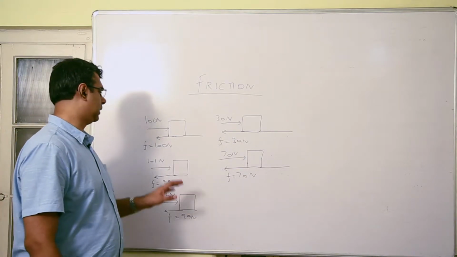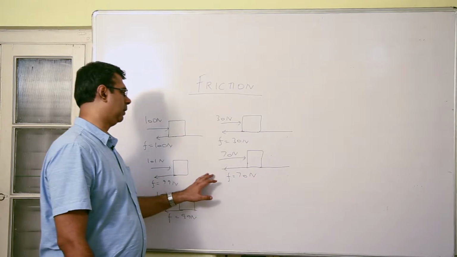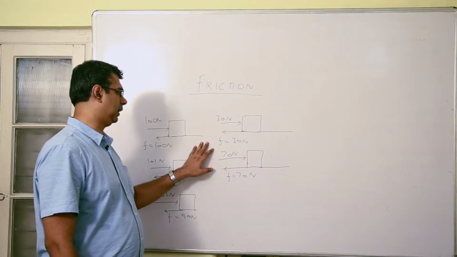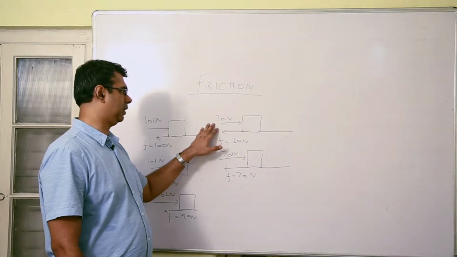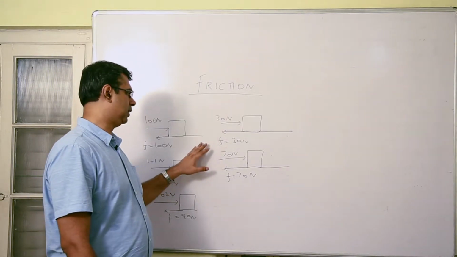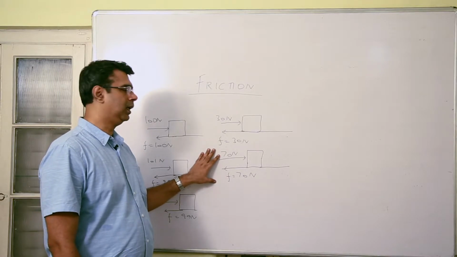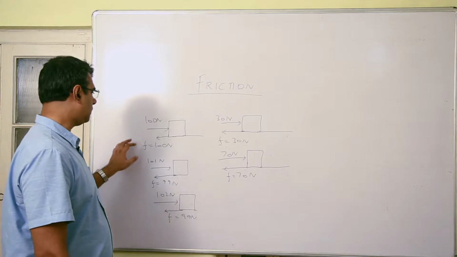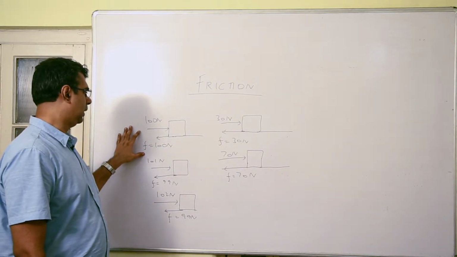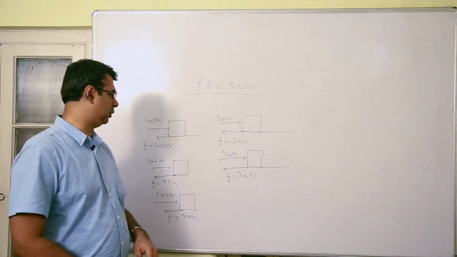Now, what are the things we learned from this experiment? First of all, we have learned one thing, that friction is a self-adjusting force. If you increase the applied force, friction will increase proportionately, ensuring that the body stays at rest. The second thing that we learn is that friction has a limiting value.